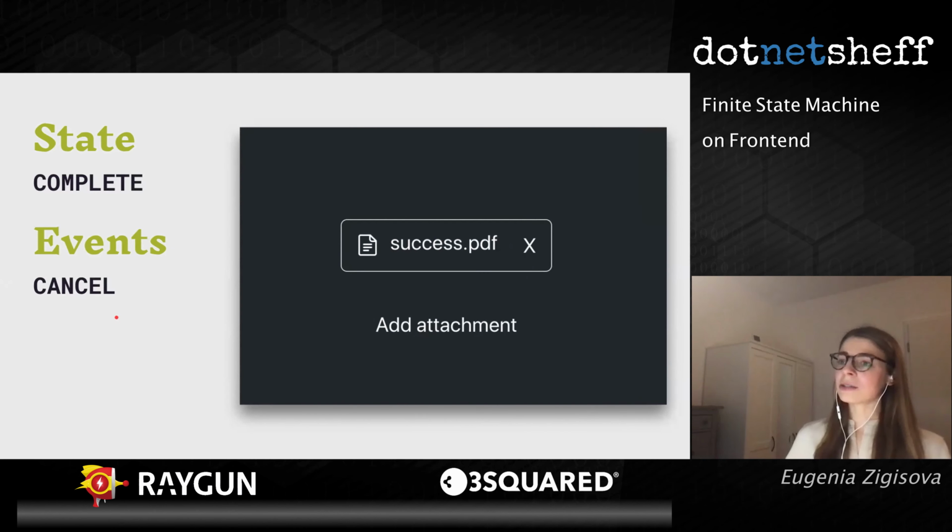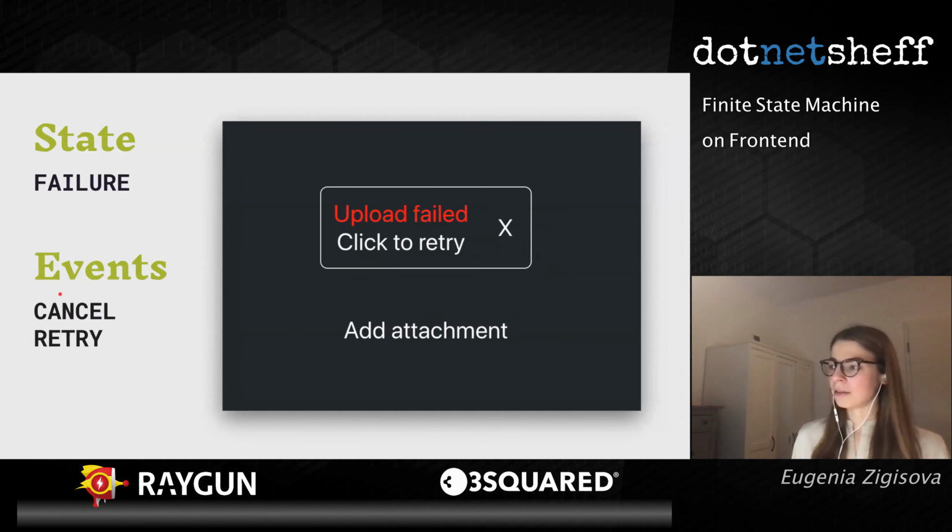And if it was successful, then we show a success view, which I call complete. And the only possible event is that the user can cancel it. But if it failed, then we show failure. And the possible things that can happen are cancel or retry.